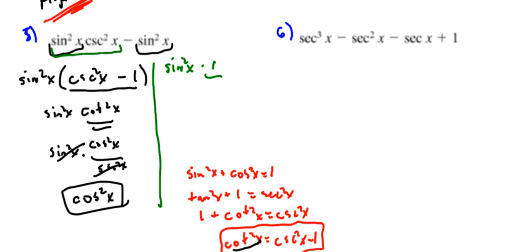Those are the same, and then we have minus sine squared of x. What happens is the sine squared and the 1 over sine squared cancel out and turn into 1. Now we have 1 minus sine squared of x. Once again, that comes from one of the fundamental trig identities, because cosine squared of x equals 1 minus sine squared of x.